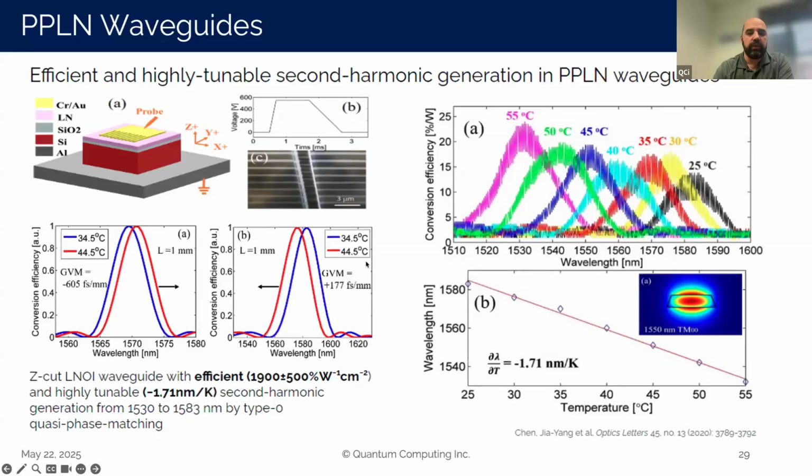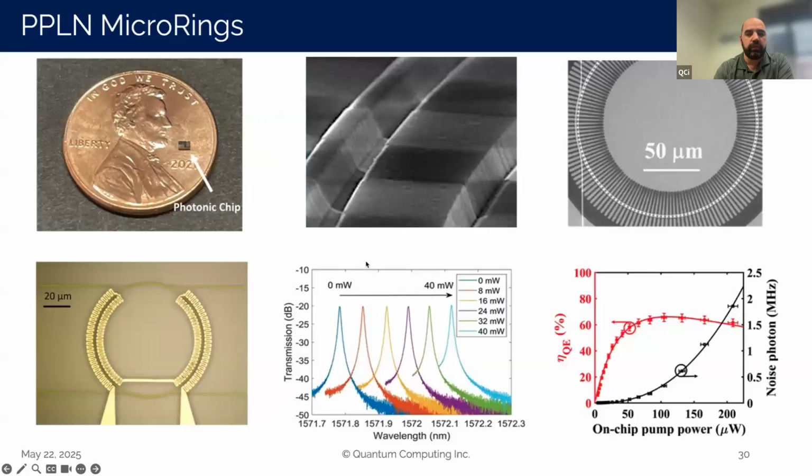And in the application that I'm showing in this slide, you have a highly tunable second harmonic generation waveguide where, by changing the temperature of the waveguide, you're able to tune the wavelength and the conversion efficiency in a certain wavelength range. You can do the same thing perhaps more easily if you realize a microring.